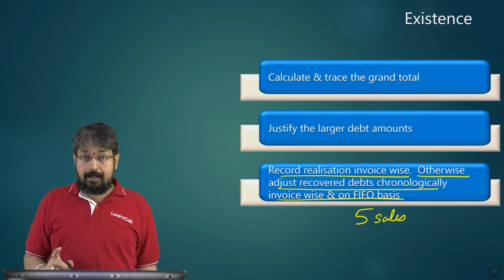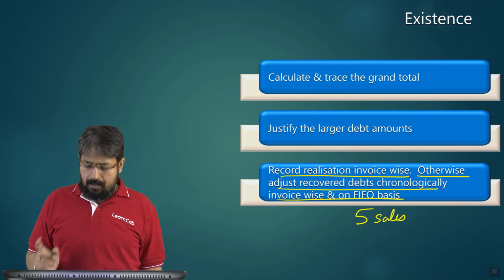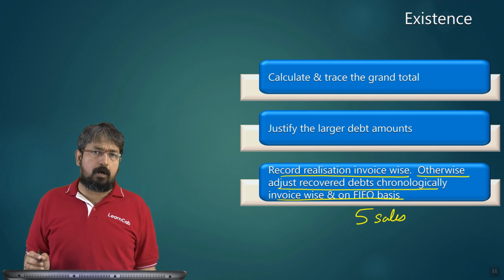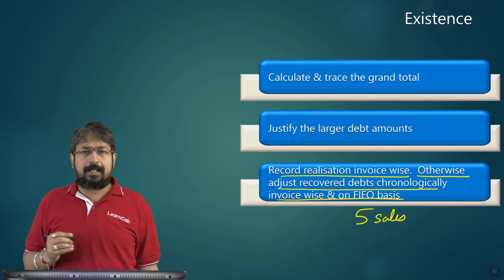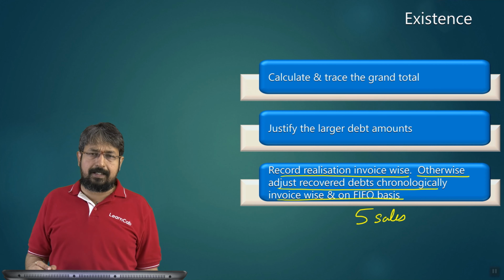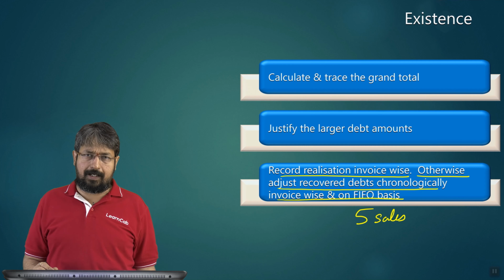But if the customer does not make the payment invoice wise, then it becomes an issue. Why the payment is not done invoice wise has to be ascertained. What is the reason that the invoice wise settlement is not happening? That has to be ascertained.